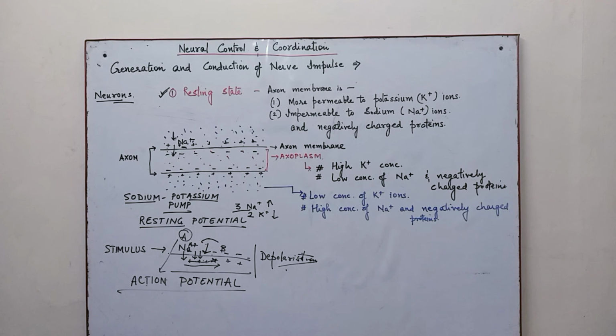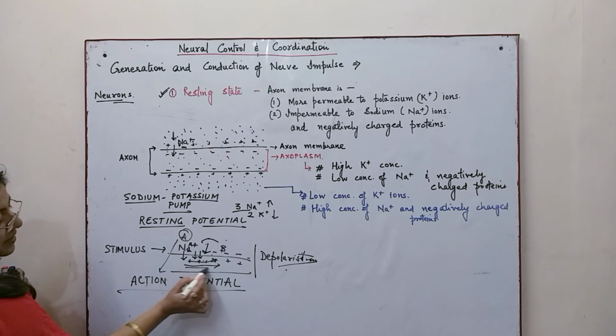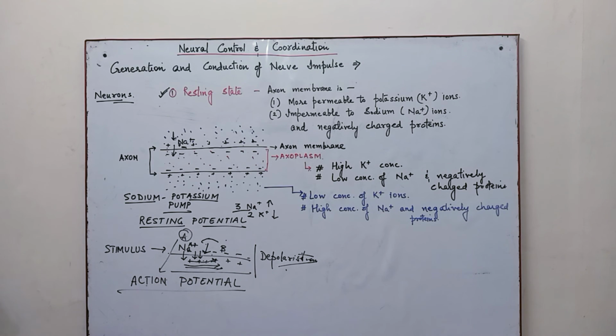So it is opposite, and the action potential is generated at site B, and therefore the impulse is always carried from site A to site B within the axon, and it is passed on.